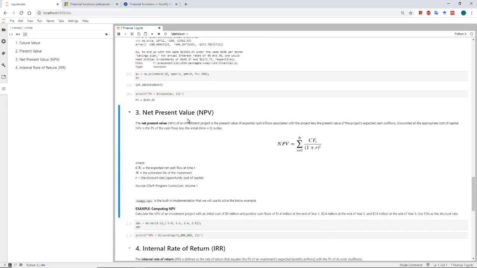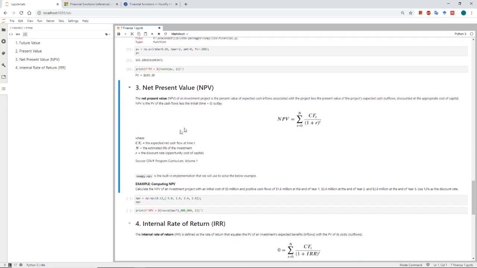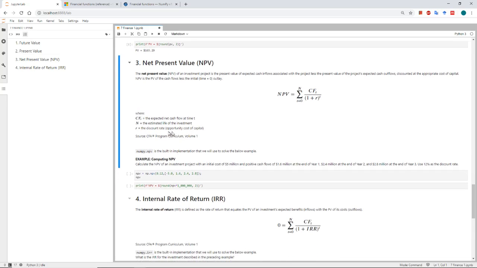Now we can move into the net present value of cash flows. So here's the formula for NPV. It's basically taking the sum of cash flows at specific points in time, and it's using a discount rate.